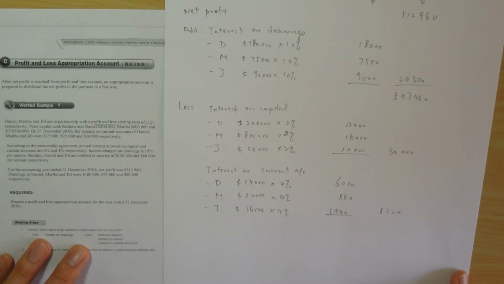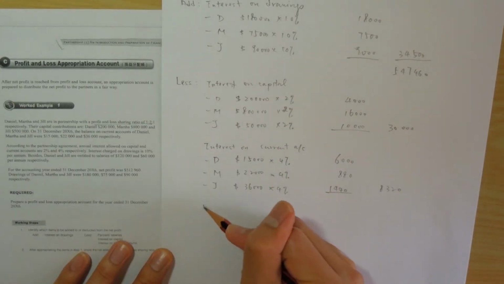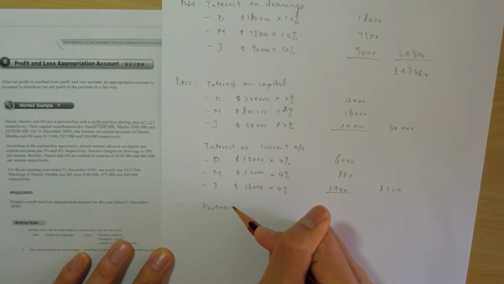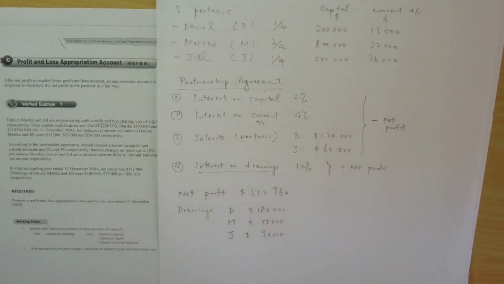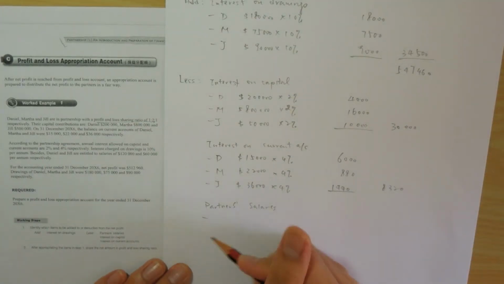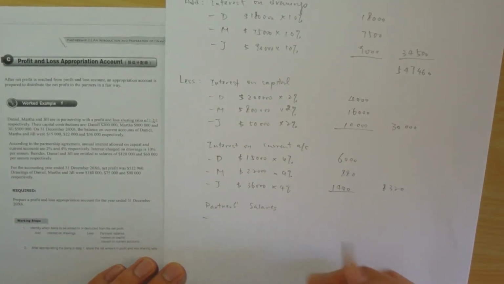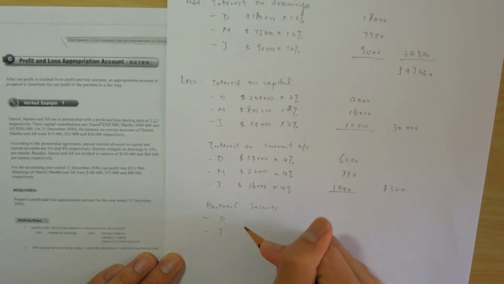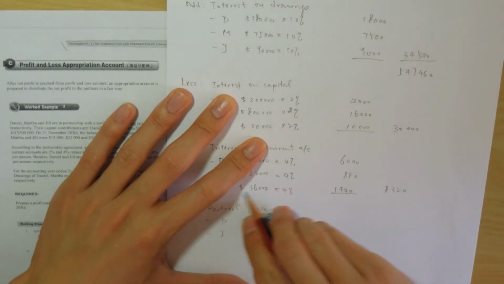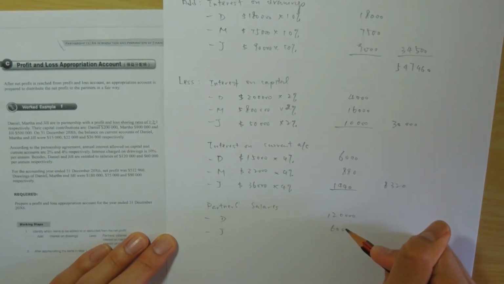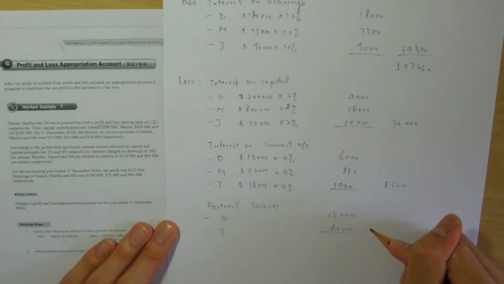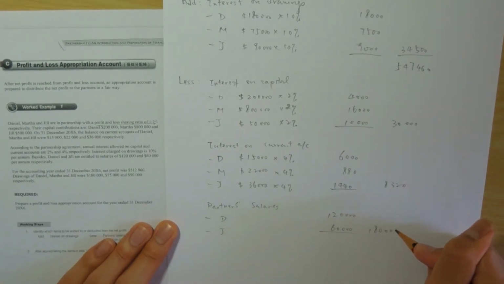Oh, the last one is the partner salaries. So we just have two partners with salaries. That means it's Daniel and Jill. And remember, this salary should be in annual terms. Okay, the total is 180,000.